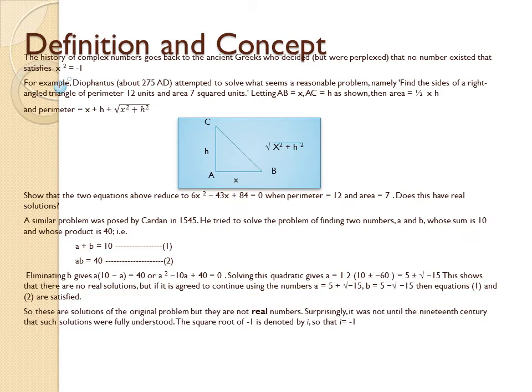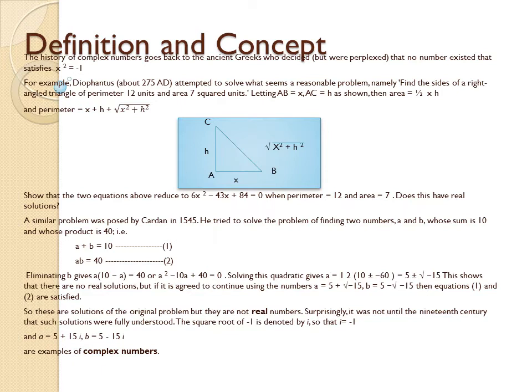Surprisingly, it was not until the 19th century that such solutions were fully understood. The square root of minus 1, which appears in the above expressions, is denoted by i, so that i equal to root over of minus 1. So I can write a equal to 5 plus root 15 i, because root over of minus 1 equal to i, and b equal to 5 minus root 15 i.